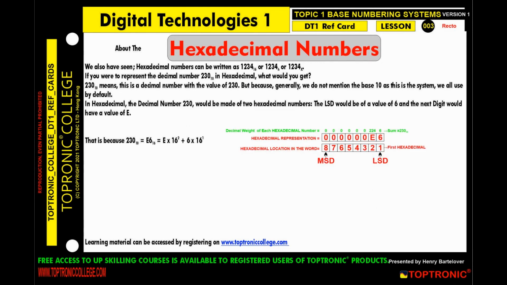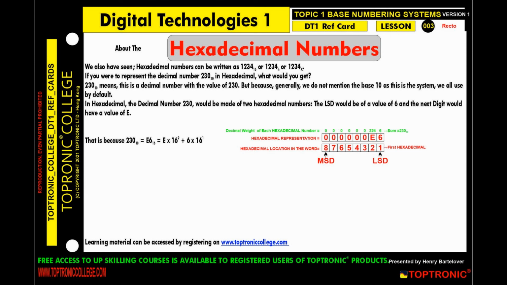We also have seen, hexadecimal numbers can be written as 1234 base 16 or 1234 base H or 1234 base X. If you were to represent the decimal number 230 in hexadecimal, what would you get? 230 base 10 means this is a decimal number with the value of 230. But generally we do not mention the base 10, as this is the system we all use by default.